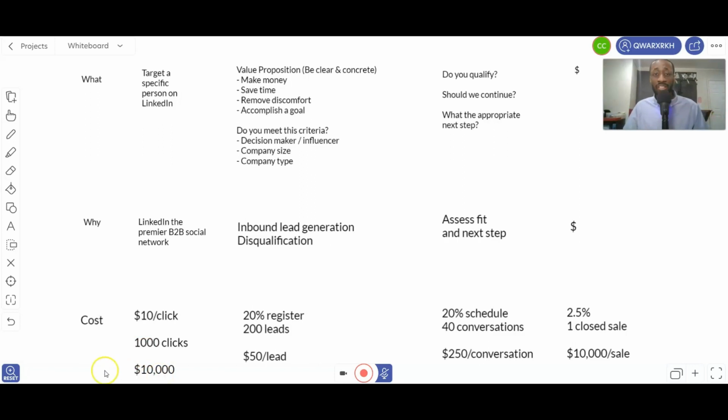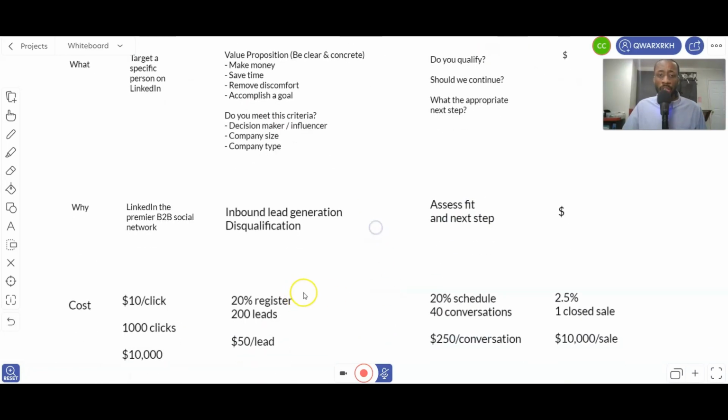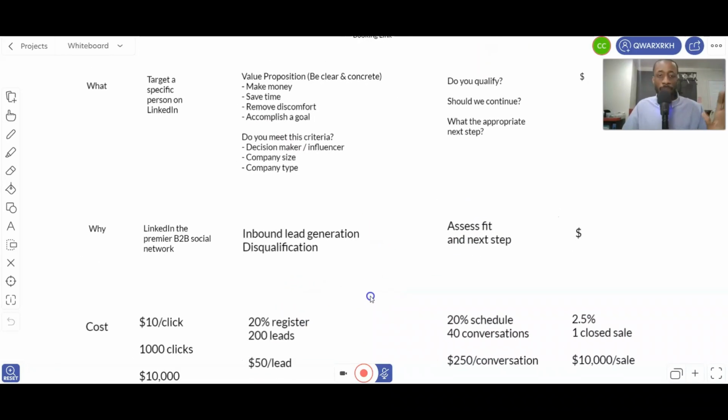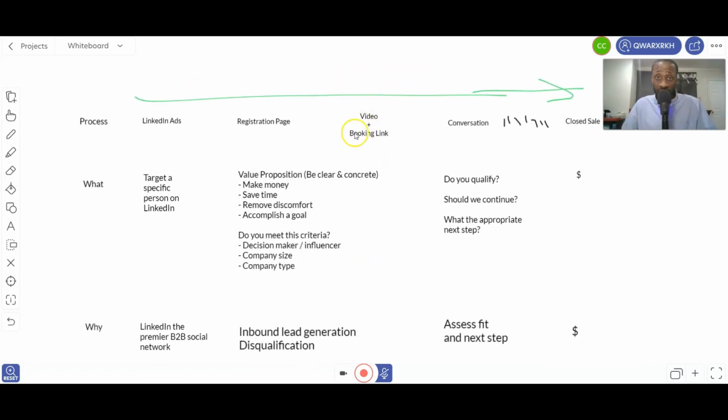All right, $10,000 is now spent. So let's assume that 20% of the people who land on that registration page actually register. Let's just make that assumption. So then you're going to get 200 leads. And at the moment, it's costing you $50 per lead. Okay, so that's what it's cost you to get someone to register and see the video and the link application that you have.